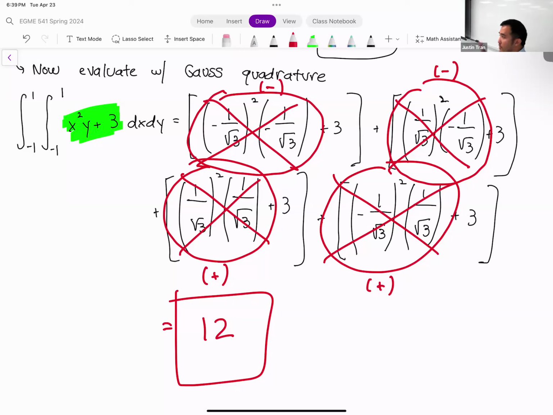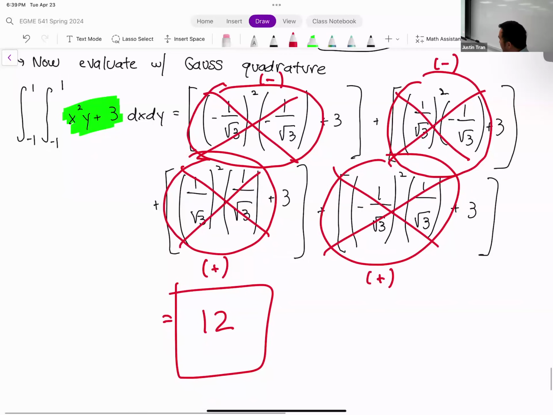Right. Any other questions on this example here? All right. So before I leave you guys today, we're going to end a little bit early. So this looks great, right? Gauss quadrature in 2D looks like it's just an extension of 1D. We just have one problem. It's a very big problem, but it is just one problem. This only works if our integration bounds are -1 to 1.